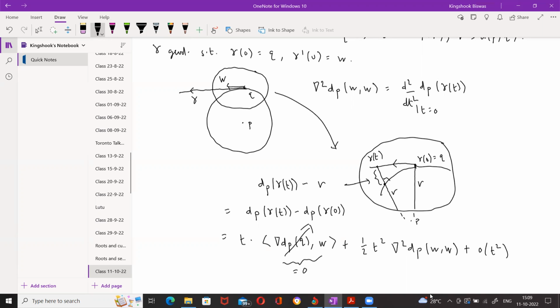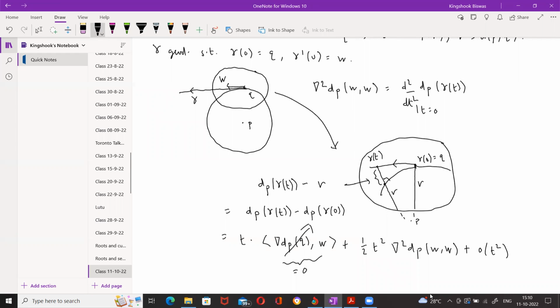It's telling you how fast the geodesic is diverging away from the sphere. So if the Hessian is 0, that means up to second order, the geodesic is staying inside the sphere. If the Hessian is positive, the geodesic is going outside the sphere. If the Hessian is negative, the geodesic is going to go inside the submanifold.